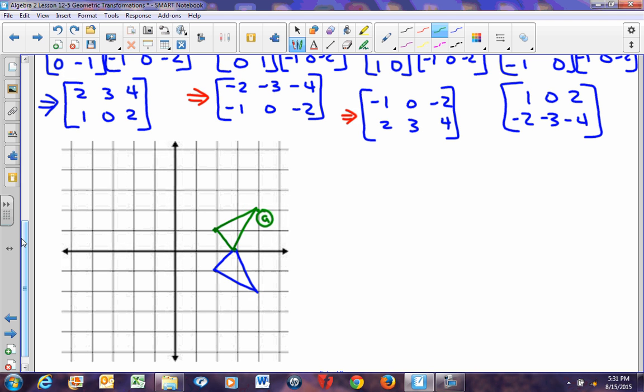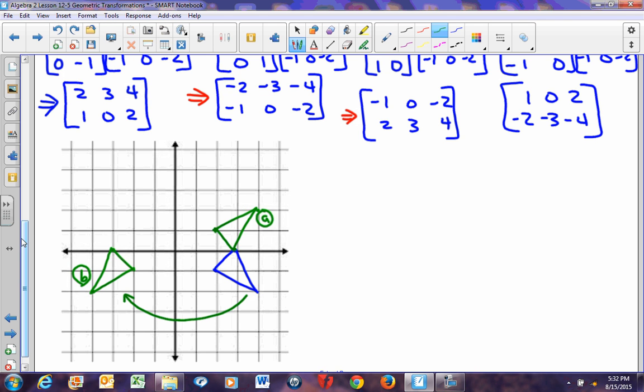And across the y-axis, we have negative 2, negative 1, negative 3, 0, and negative 4, negative 2. So B is across the y-axis. Next, we took this image here and folded it right across to here, so it's across the y-axis.